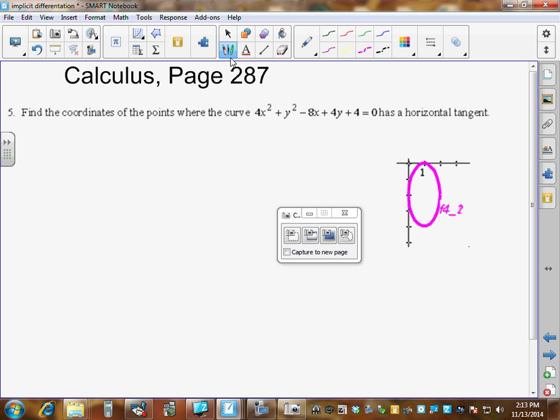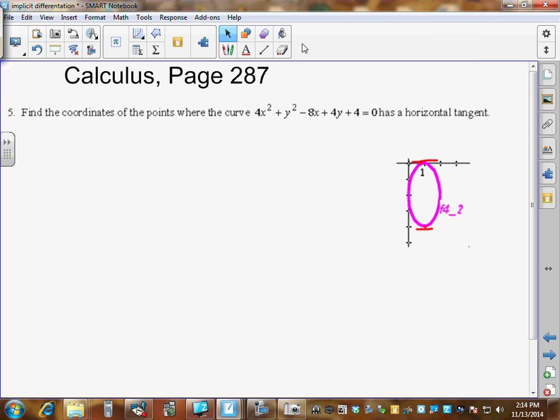Just looking at the graph, we can tell that there's going to be a horizontal tangent right here and also right here. And that looks like it's about where x equals 1. Of course, we have to do this analytically for calculus. So let's go ahead and solve it using our calculus now. So the answers, once again, we think are going to be here and here, and that's where x equals 1.